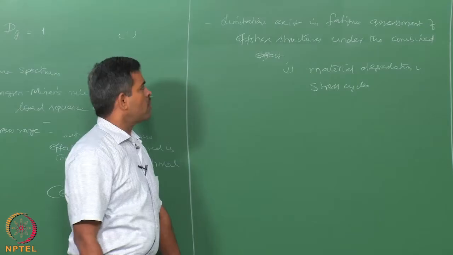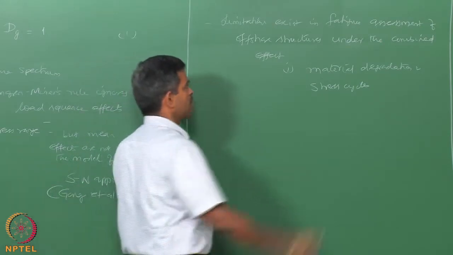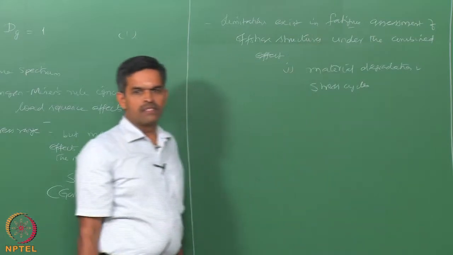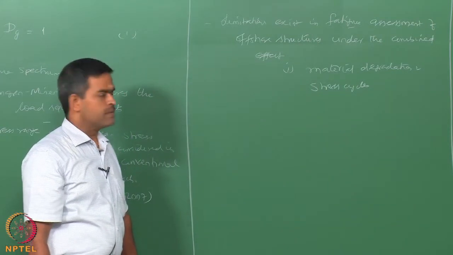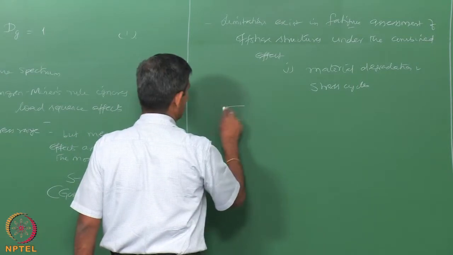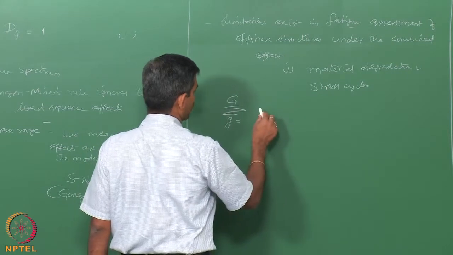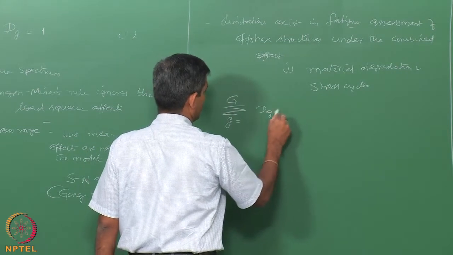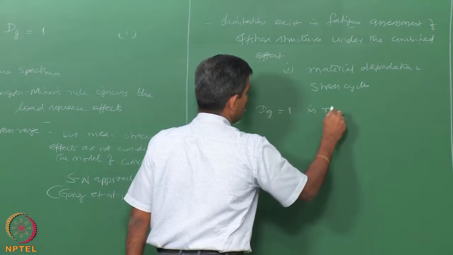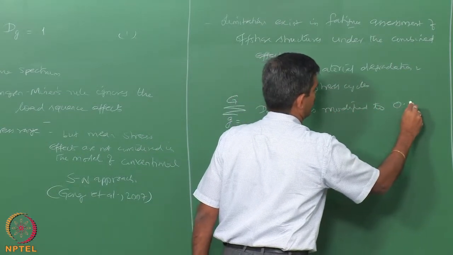So, accounting for all these deficiencies or limitations in the fatigue assessment, generally people say that the cumulative damage equation, the sum of dG equals 1, is modified to 0.5.